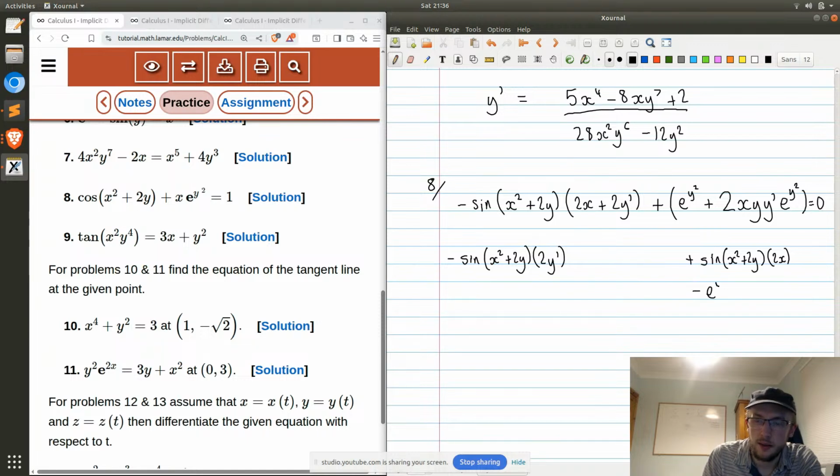And that will be on the right. And that will be on the left. And they're equal.